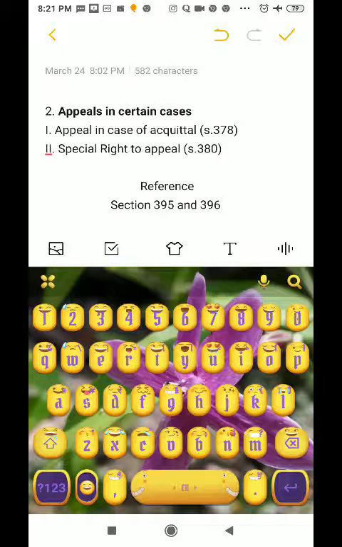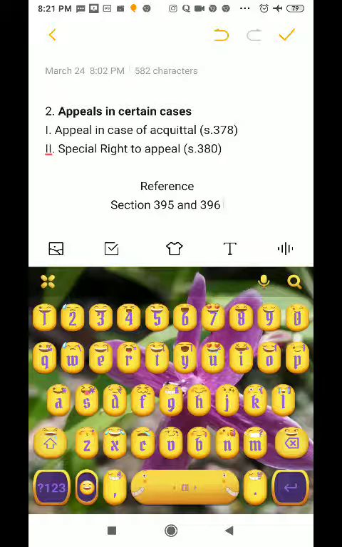Whereas section 396 provides about the disposal of cases, and it says that when a question has been referred, the High Court shall pass such order thereon as it thinks fit, and shall cause a copy of such order to be sent to the court by which the reference has been made, which shall dispose of the case conformably.